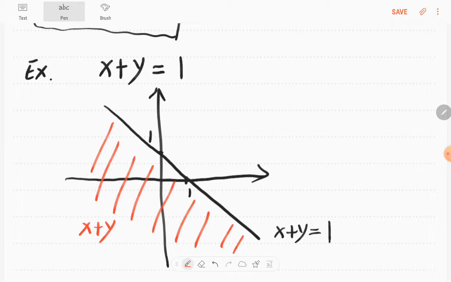We notice that if you plug in any point inside this region, x plus y is always less than 1. For example, plug in the 0, 0 point: 0 plus 0 equals 0, and 0 is less than 1.